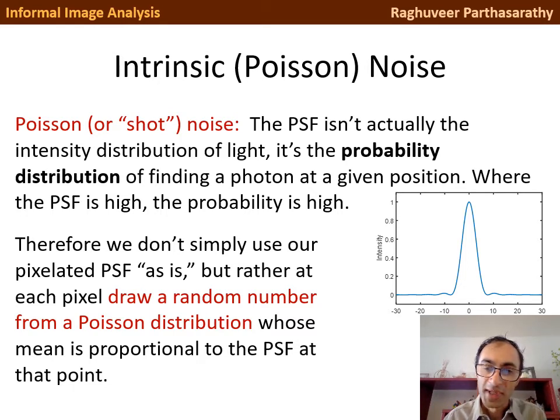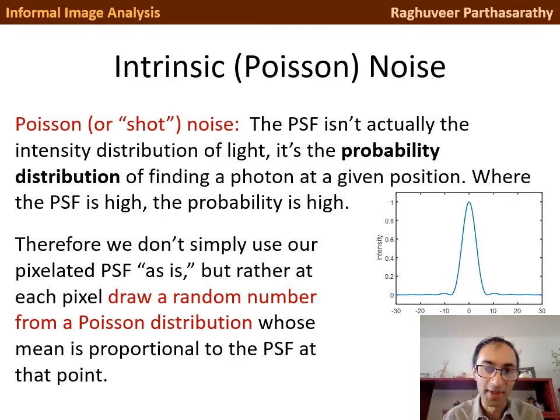Therefore, we don't use our pixelated point spread function as is, but rather at each pixel, we draw a random number from a Poisson distribution whose mean is proportional to the value of the point spread function at that point. So in other words, if we did this many, many times, on average, our number of photons would just trace out the point spread function. But for any given instance, it's a random number from a distribution whose mean equals what's given by this point spread function.